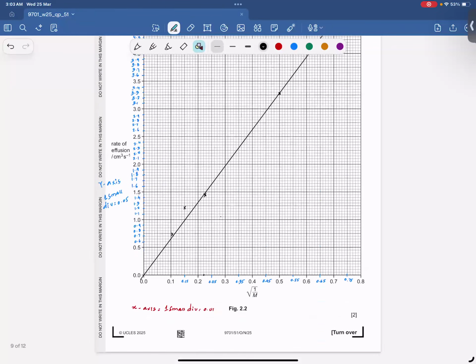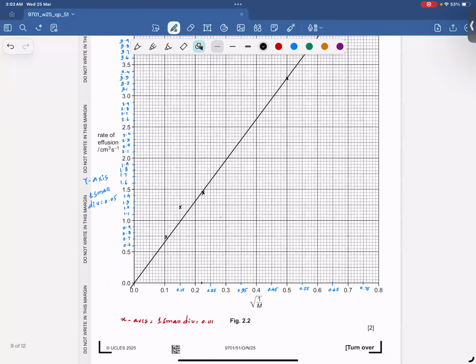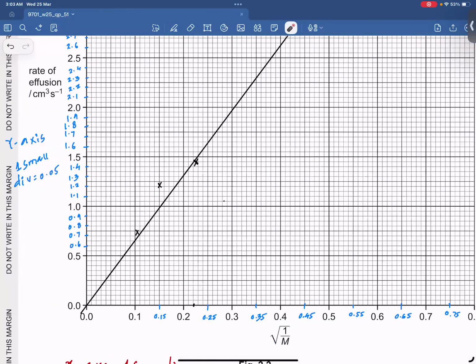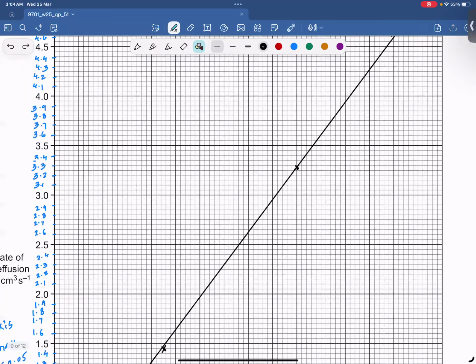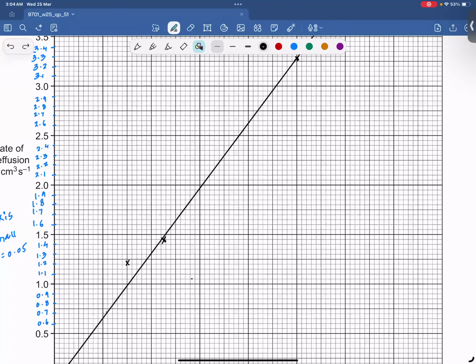I have a doubt on this. I think this is 0.71 or 0.1. I think it has to be somewhat here. 0.71, 0.71.